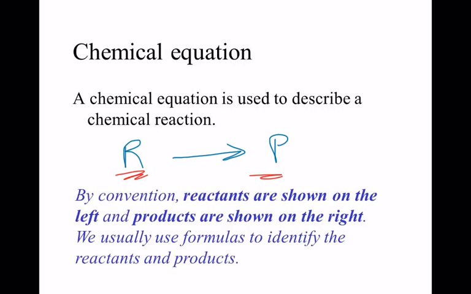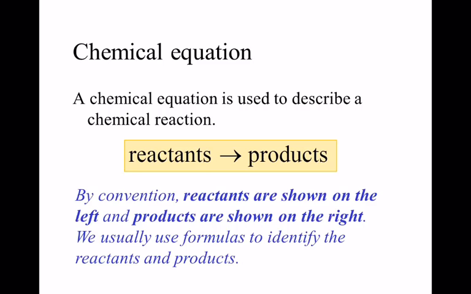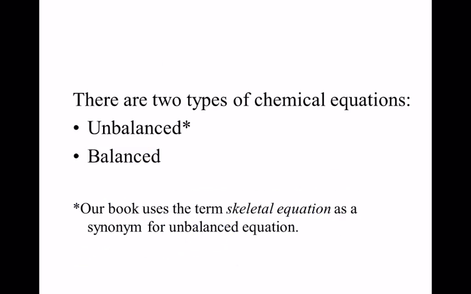And like the slide says, instead of the R or the P, we actually list out the chemicals that are reactants and the chemicals that are products using their chemical formulas. That's kind of like what we've been talking about. From reactants to products. So chemical equations split what you start with and what you end with by a reaction arrow.